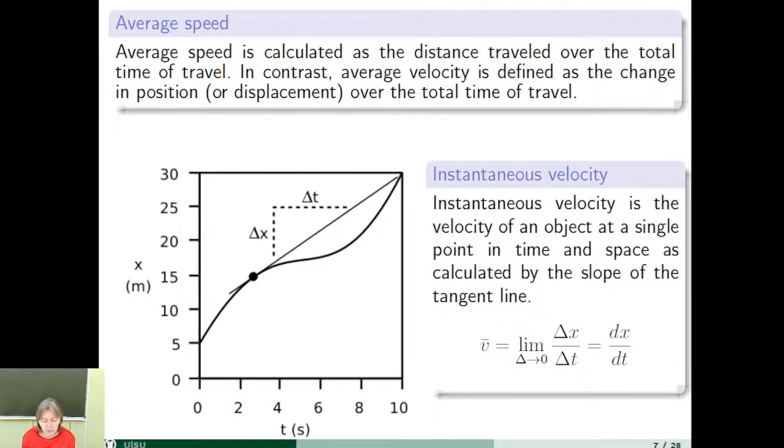If we extend this line, we can easily calculate the displacement over time and determine our velocity at that given point. The velocity of an object at any given moment is the slope of the tangent line through the relevant point in its x versus t graph.